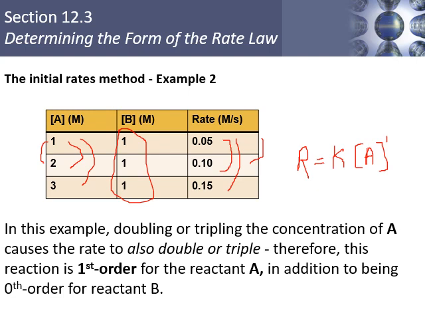So the N here is 1. Remember, if that N is 0, it means the reactant, like the B in the previous example, doesn't have any effect on the rate. But here it does have an effect. It has an exact effect so that every time you double A, you double the rate. So we call that a first order, and we write that as a 1, a first order reaction.